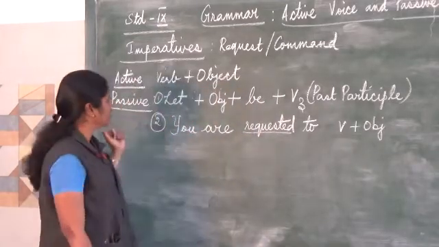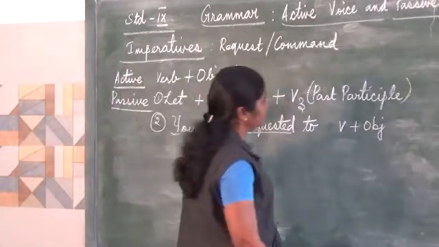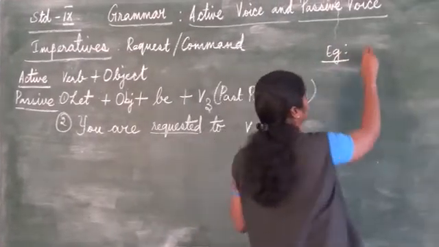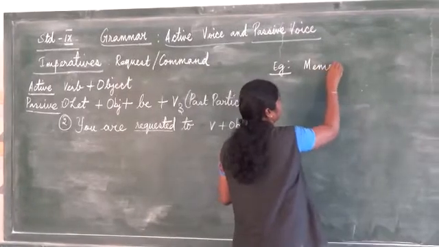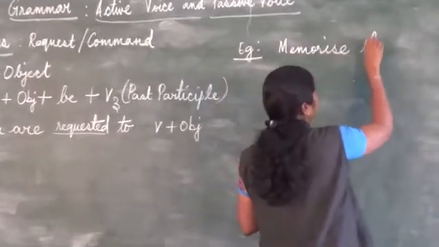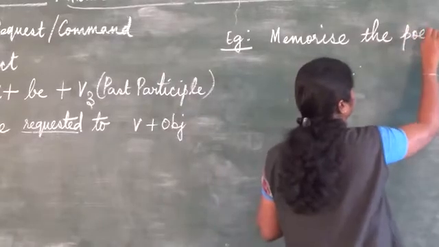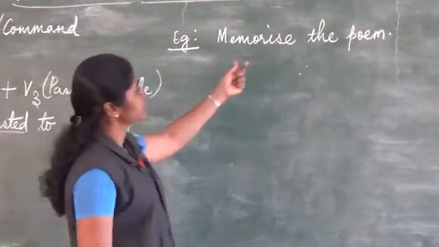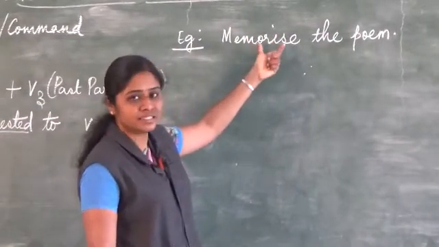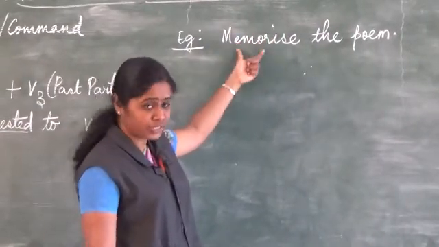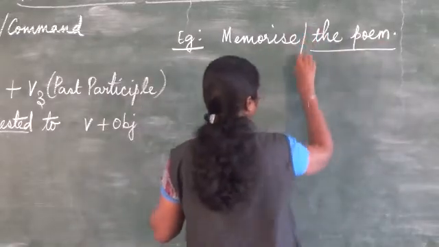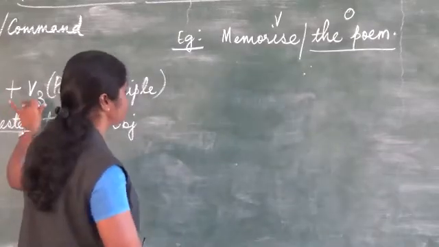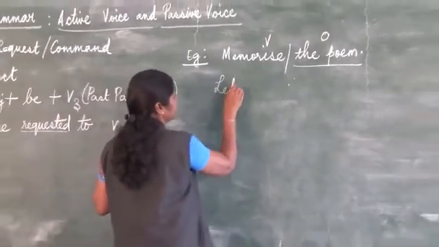Is it clear? Okay. For example, I'll give you an example: Memorize the poem. This is an imperative sentence because memorize is an instruction. It is starting with a verb, then you have an object. So this is the verb and this is the object. If you have to write the answer in the first model, you start with let.